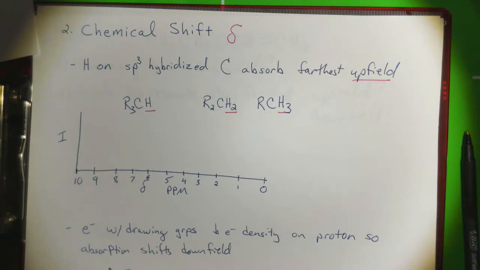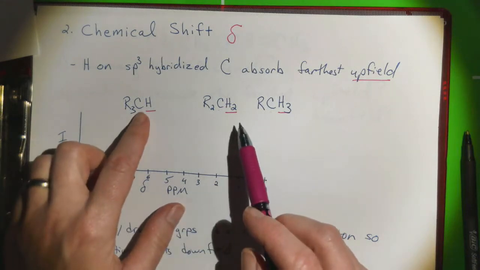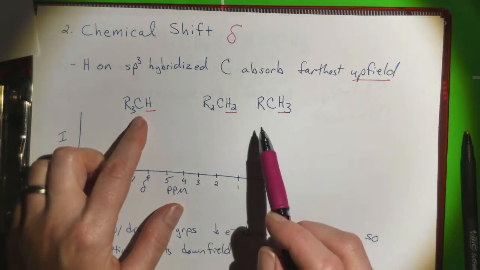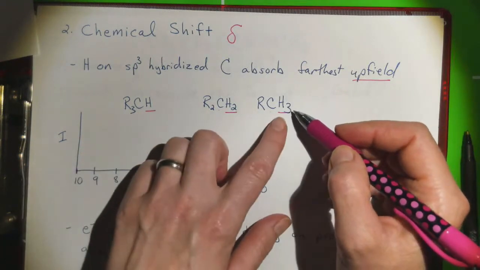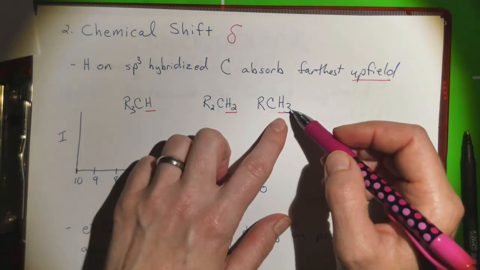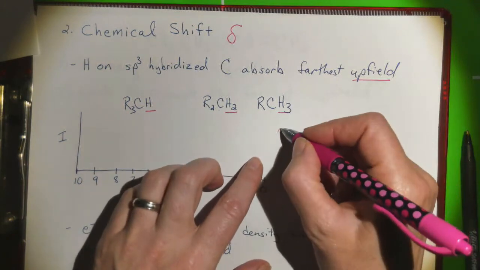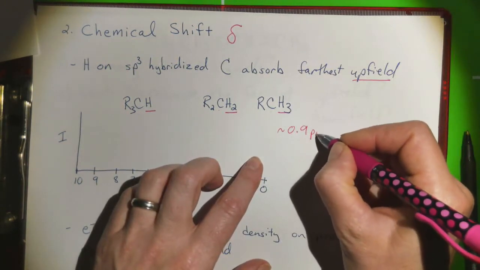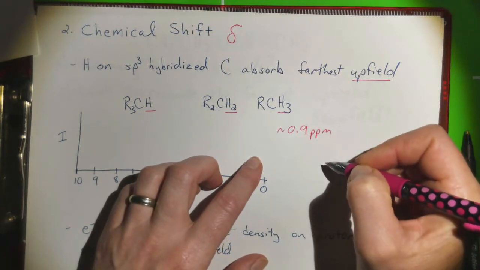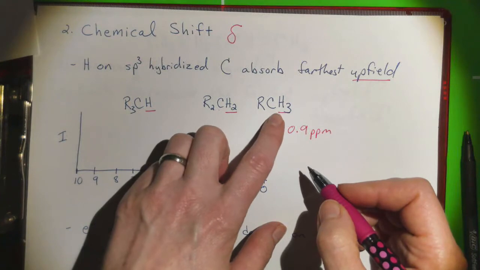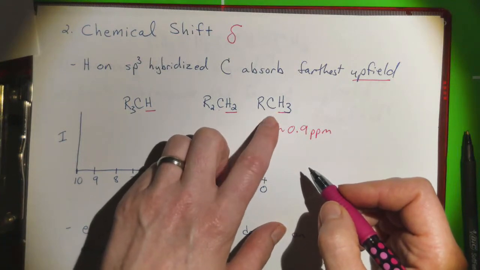So when you're comparing protons that are attached to an sp3 hybridized carbon atom, there's a general trend that we see with the, let's start with the methyl protons. These are going to tend to be the farthest upfield. They're going to be around about 0.9 ppm, okay, just under 1. And again, this is a primary carbon that these methyl protons are attached to.